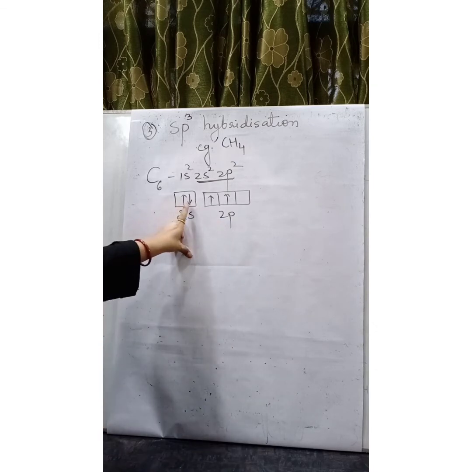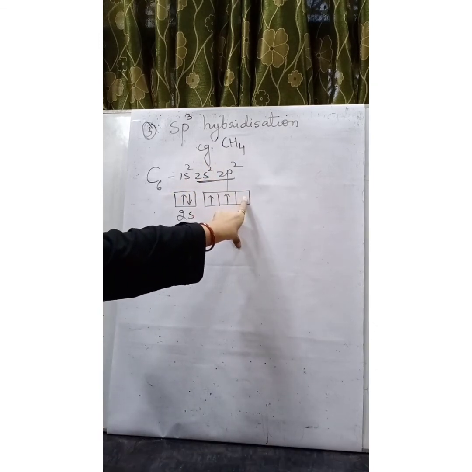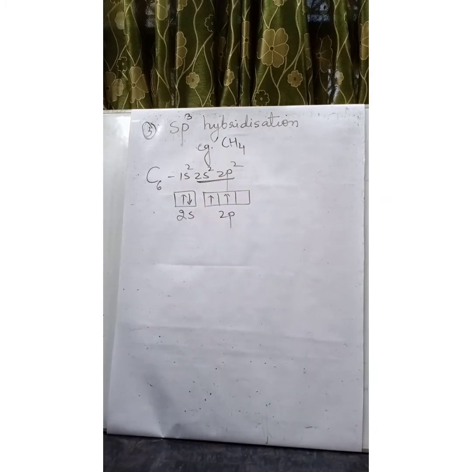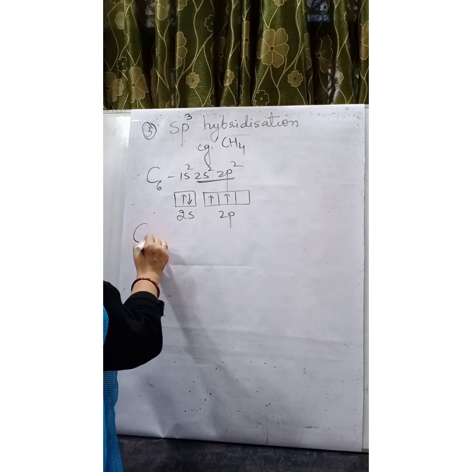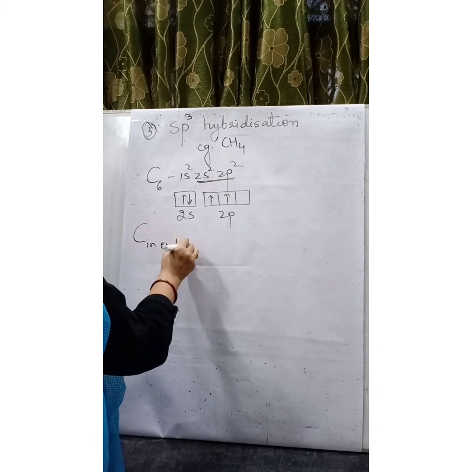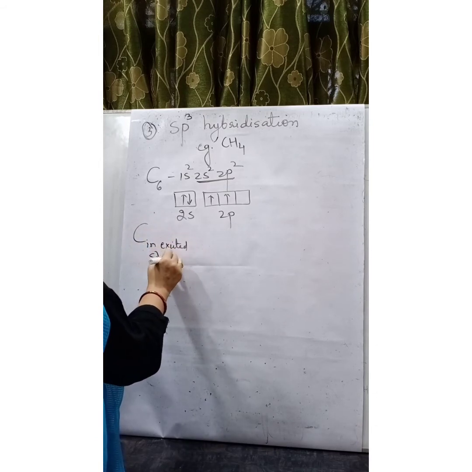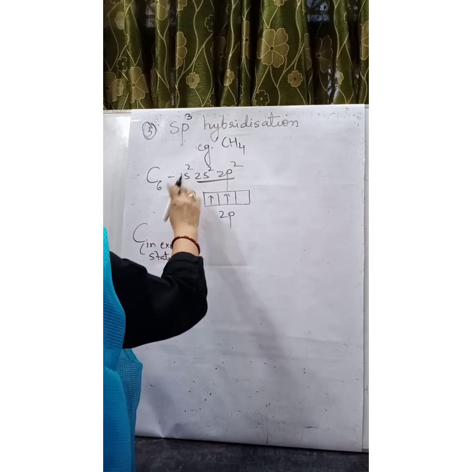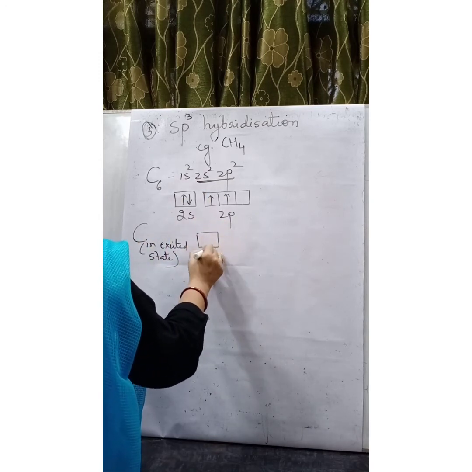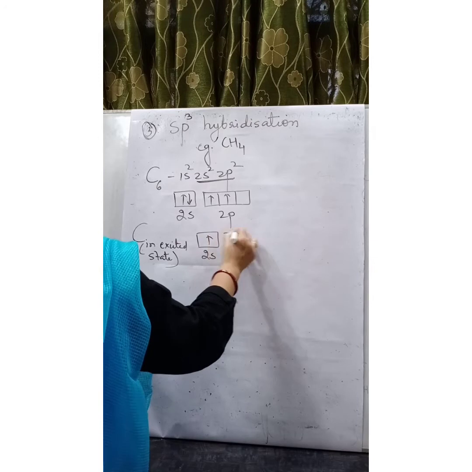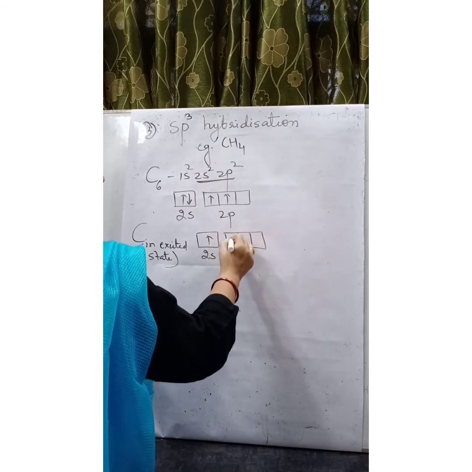Carbon goes into the excited state as there is a vacant orbital available for excitation. So in the excited state, one electron from the s orbital moves into the vacant p orbital.